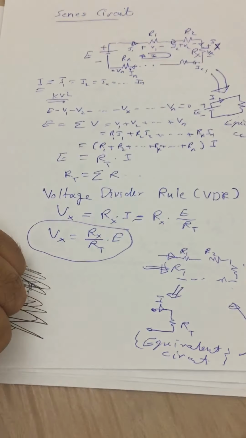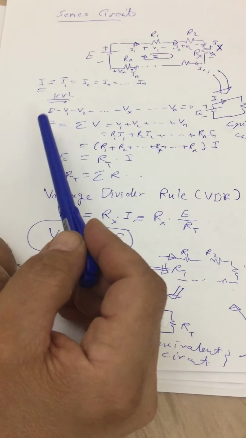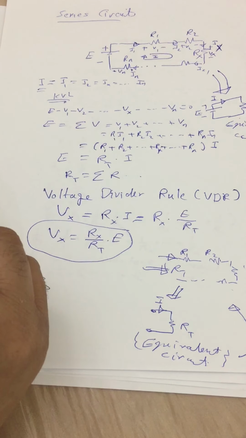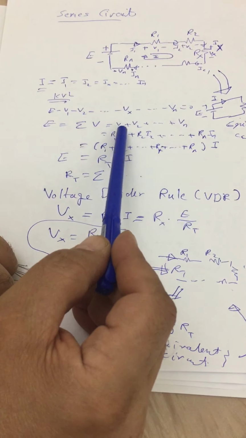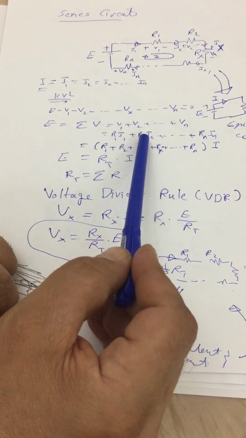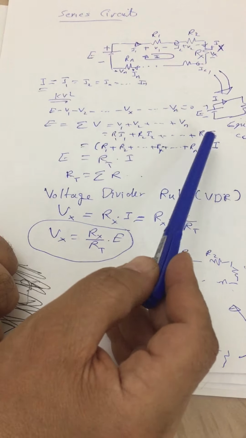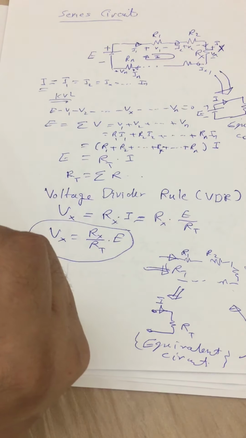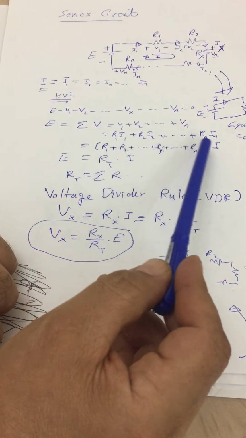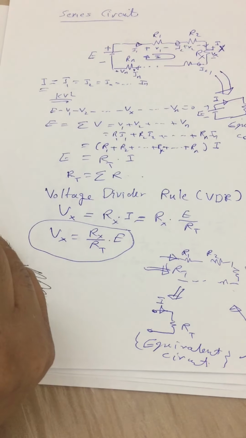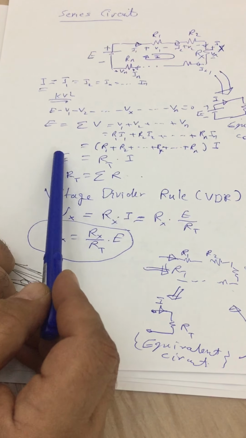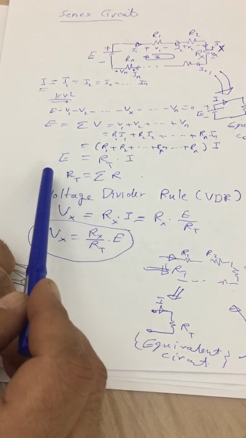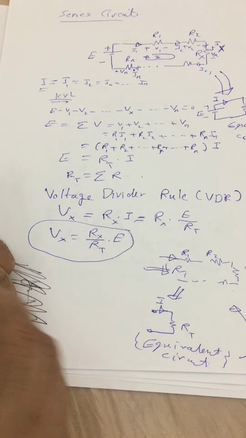So it is in the opposite direction, which means that E is equal to the sum of the voltages across the resistors. So it is R1 I1, that's V1, R2 I2, that is V2, and so on. But I1, I2, In are the same as I, which means that we have the sum of all resistors times I. So E equals R total times I, where R total is the sum of all resistors in series.